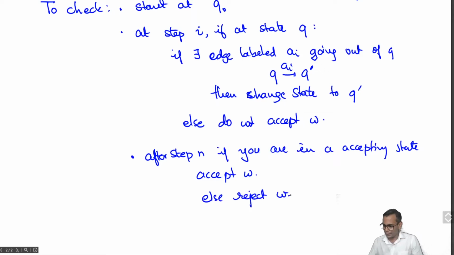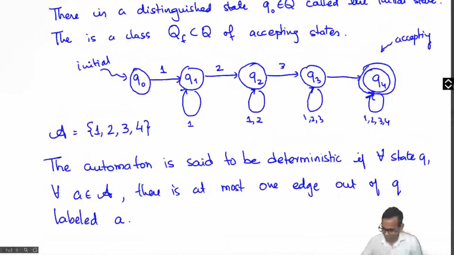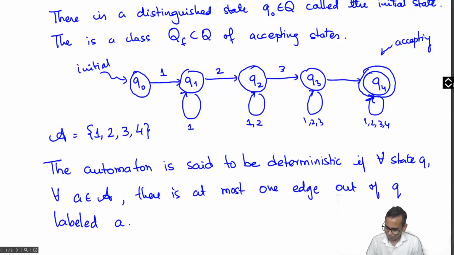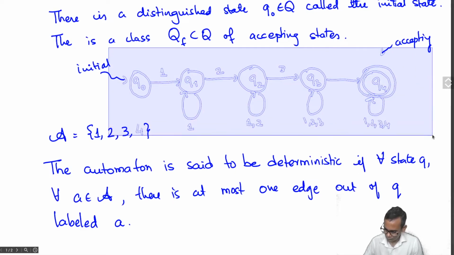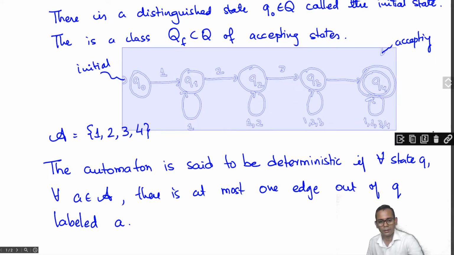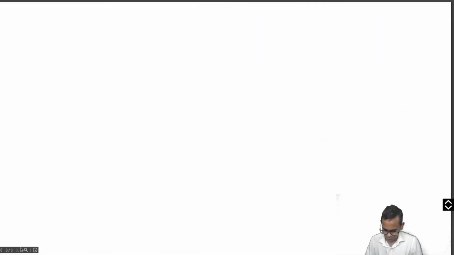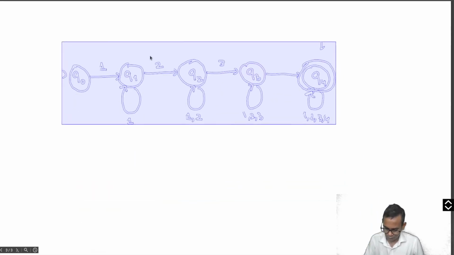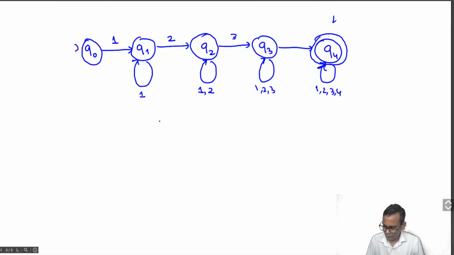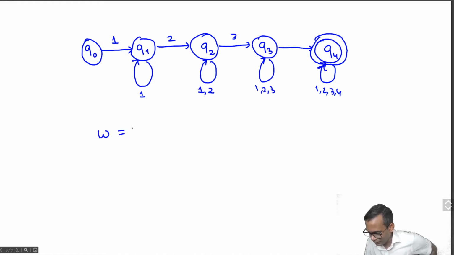Let me illustrate this with this automaton here and a word. So let's just copy this out. So here's our automaton, and let's take a word W. The alphabet here is 1, 2, 3, 4.